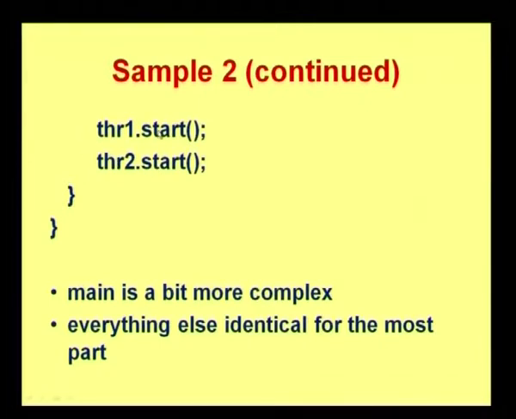Whenever I start this thread, it means I am starting the object that is passed as a parameter while creating the thread. So, here your main is a bit more complex than your previous case, and everything is identical for the most part. The only difference is creating an object with a runnable interface, and then passing that object as the argument for your thread creation.